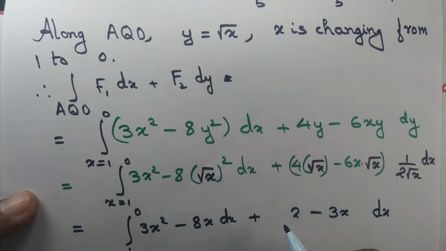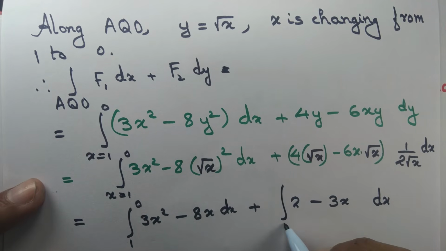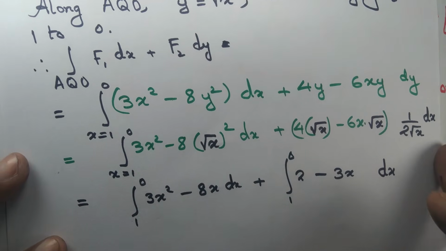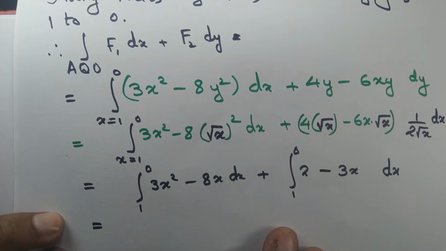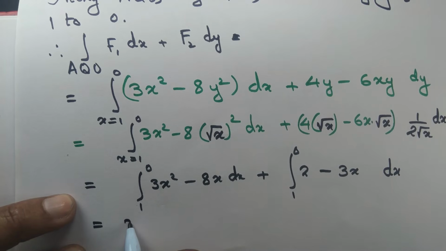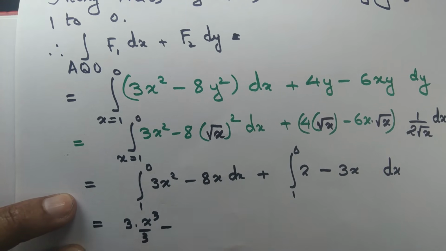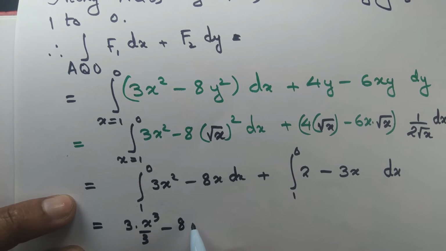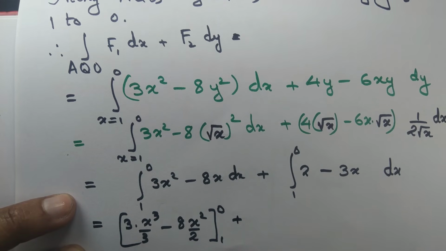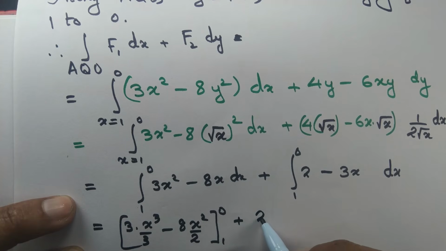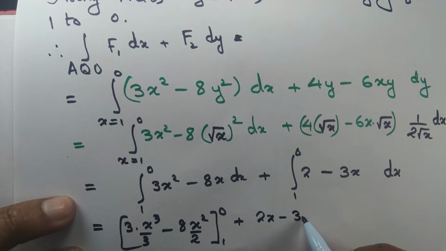Since we are writing dx twice, let's write the integral twice. Now we can simply compute it. If we integrate 3x square, we'll get 3 into x cubed by 3. 8x, if you integrate it, we have 8 into x square by 2. Limit 1 to 0. 2x minus 3 into x square by 2.